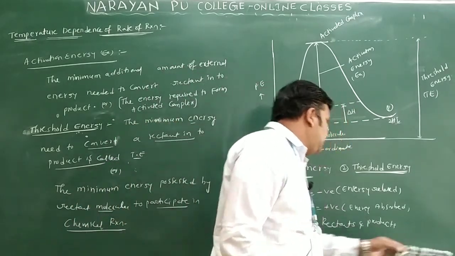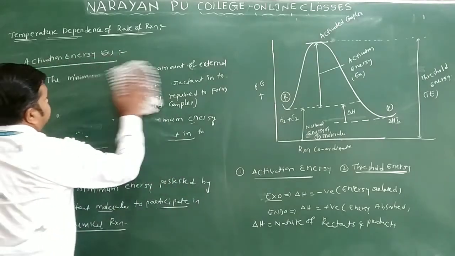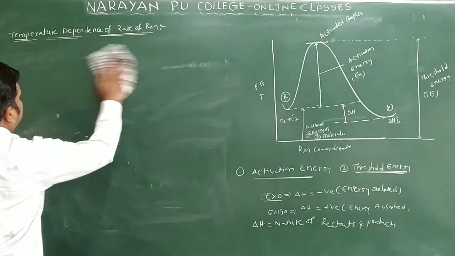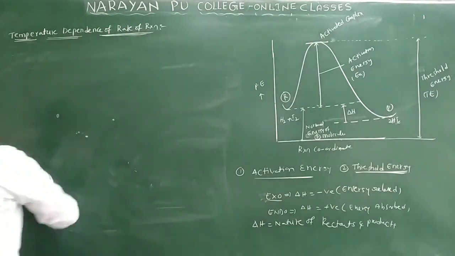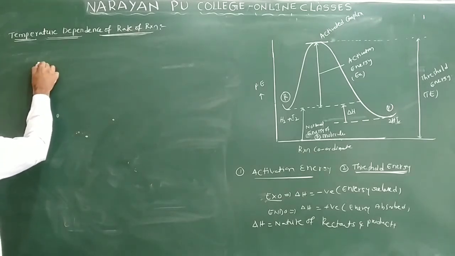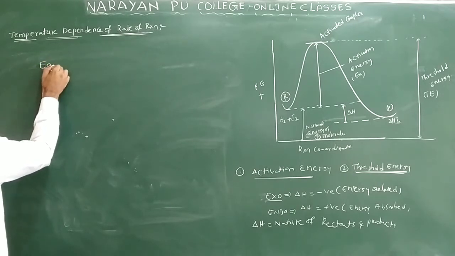Let us see what the formula for the activation energy is. I will write it. Activation energy is denoted by what here? EA.